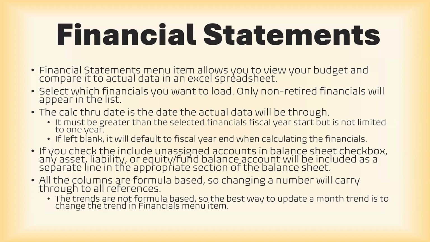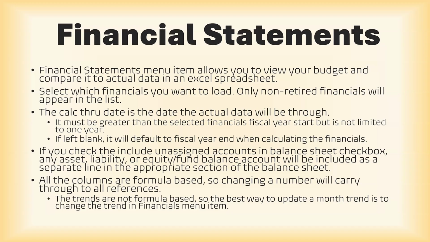All the columns are formula based. So changing a number will carry through most of the references, depending on what number you're changing, but the variance and percent variance are all based on formulas. So changing a budgeted number will update that. The only thing that is not formula based are the trends.